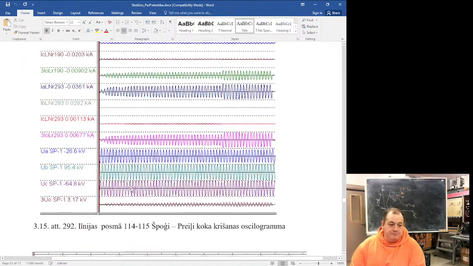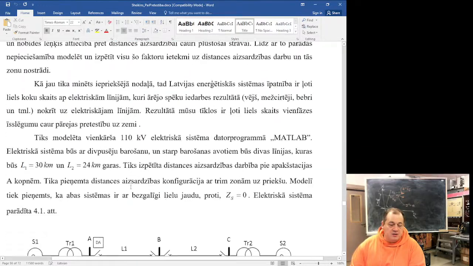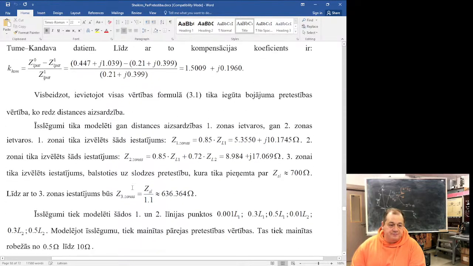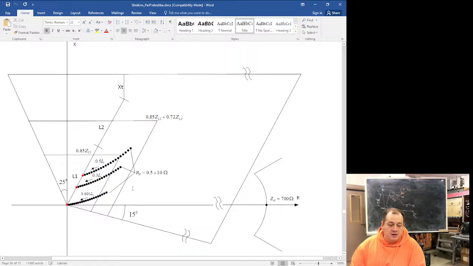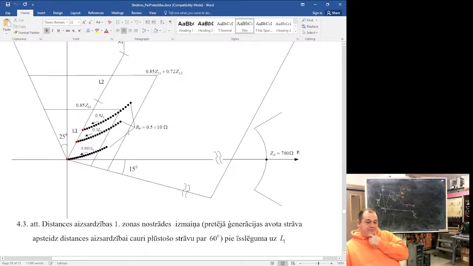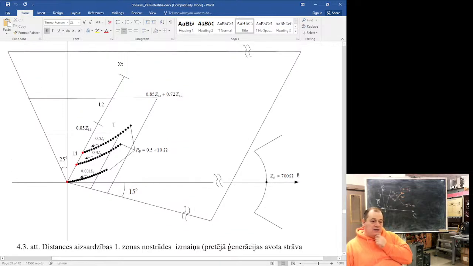Okay, I can go forward. Here is our model. This one is a result of modeling.